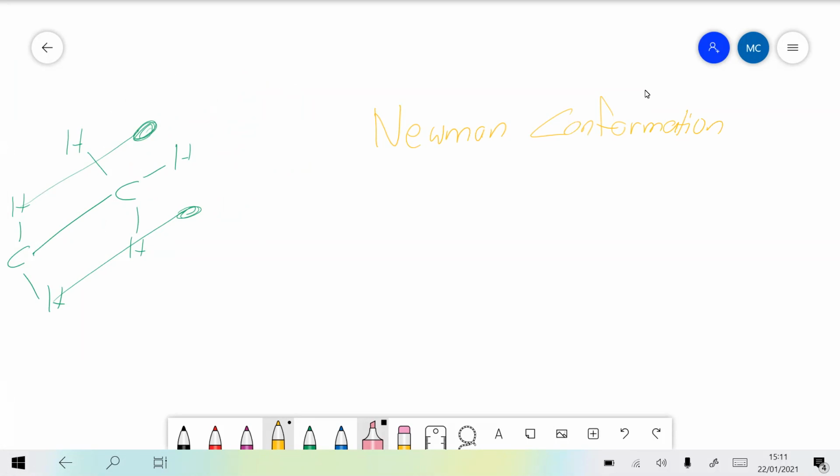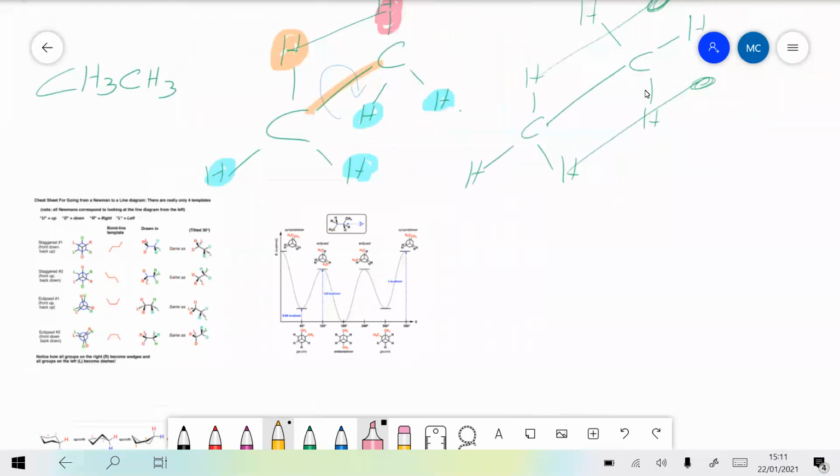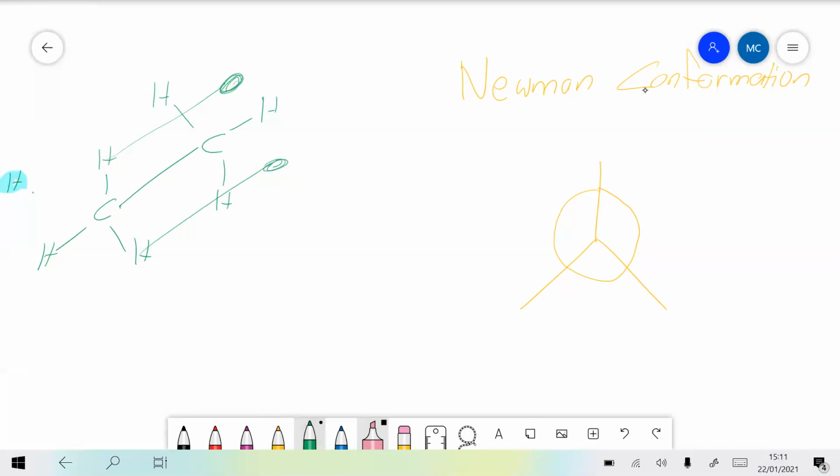So now you're going to see 3 bonds. Let's draw that as your carbon. And from behind, you're going to see another 3 bonds. So in this case, they are all hydrogens. But of course, it could be the case that they are not.